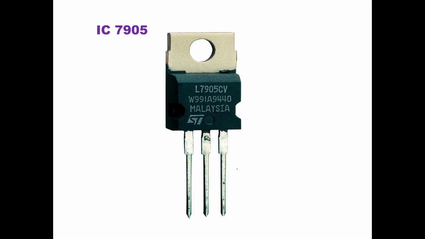The name is written as 7905 here. 79 means negative voltage supply, and 05 means it is going to produce minus 5 volt. It is a 3-pin IC.